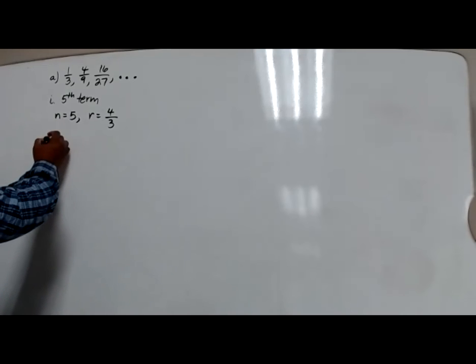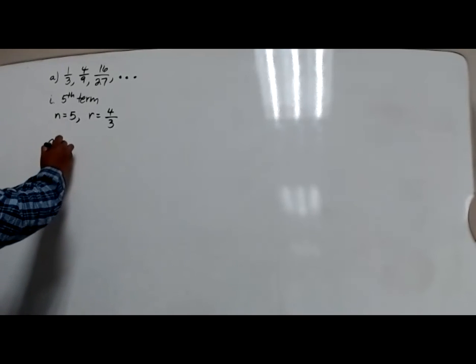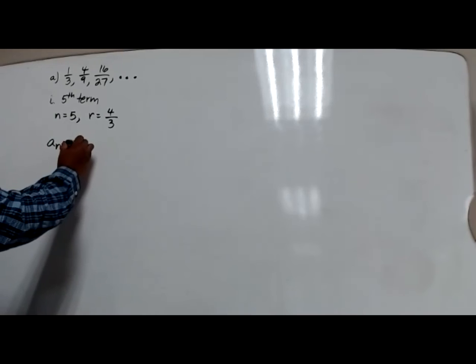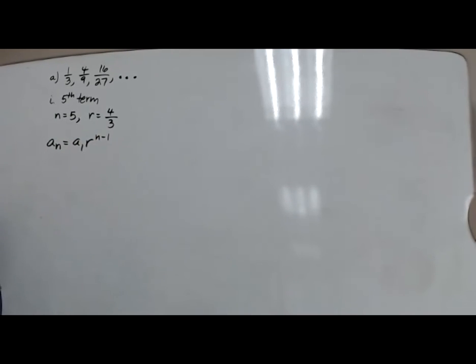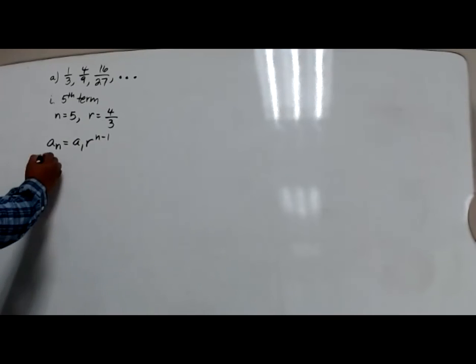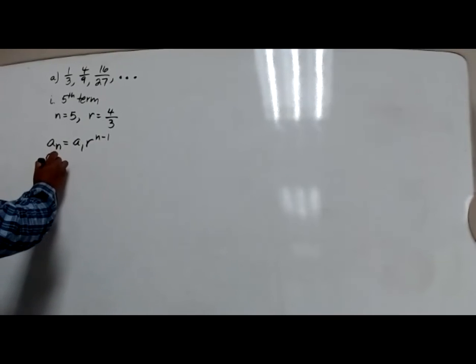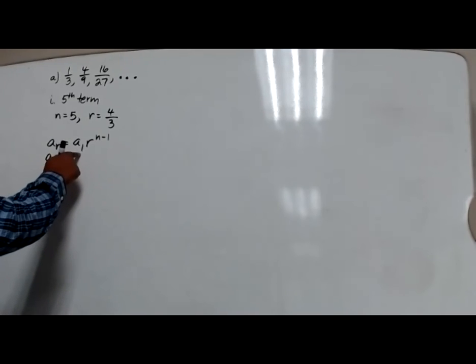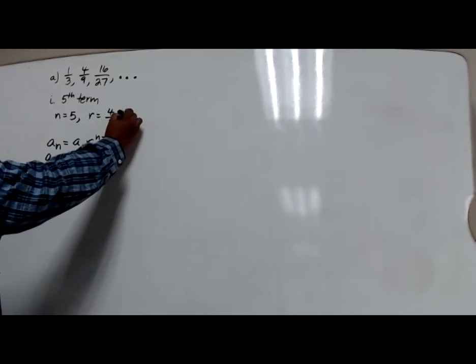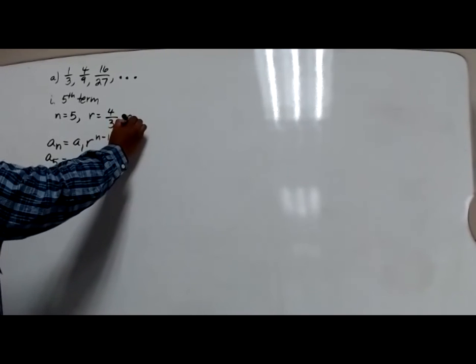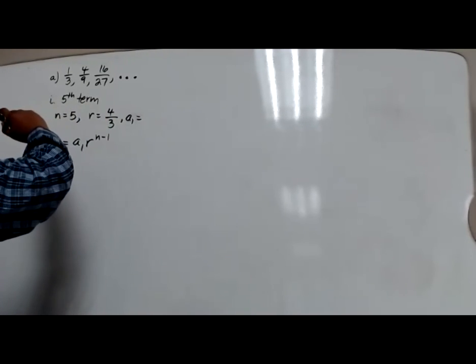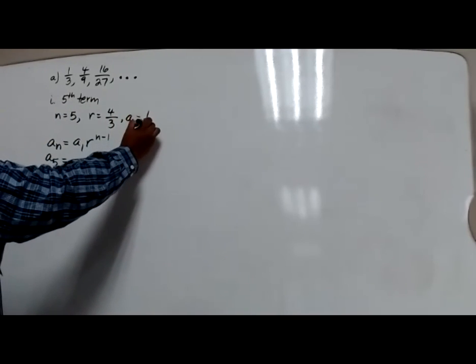We're finding the fifth term, so n is equal to 5. So a sub n is equal to a sub 1 times r raised to the n minus 1. N is 5, so a sub 5 would be equal to a sub 1. What's the first term in that sequence? 1/3.